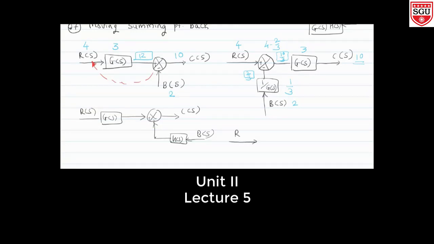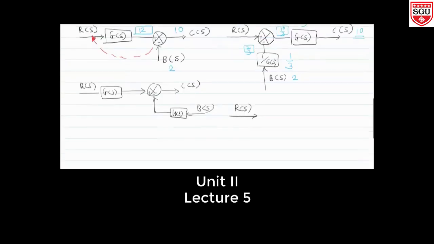So r of s, we are shifting this summing point from here to here, so the summing point will be here with plus minus, then g of s, then c of s.